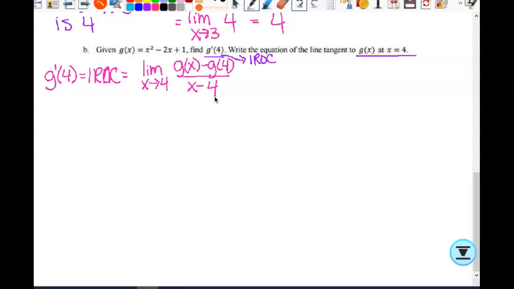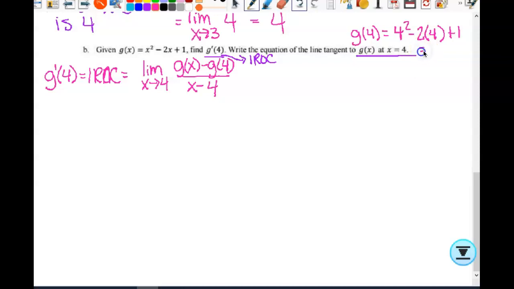You have two options when you do this next step. We could substitute in 4 and do it all in one thing, but I think it's better to go off to the side and first find g of 4, so I can just substitute it in. G of 4 is 4 squared minus 2 times 4 plus 1.